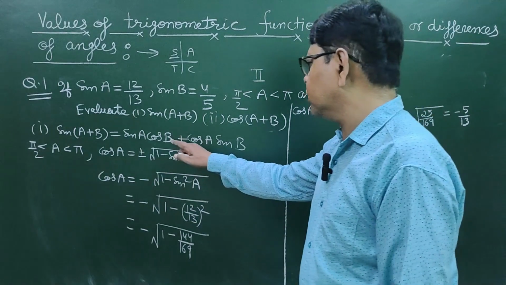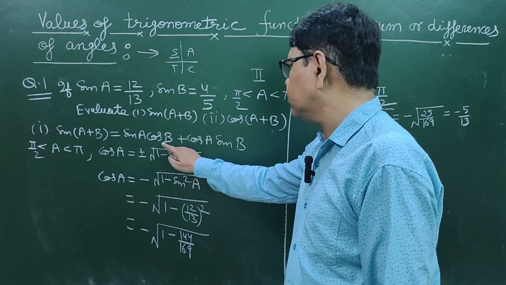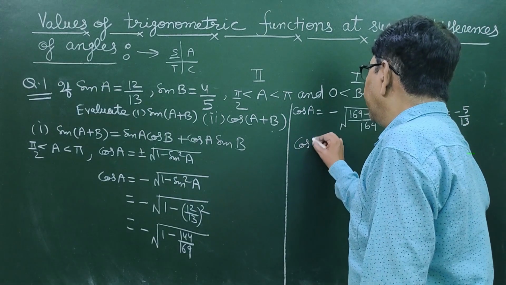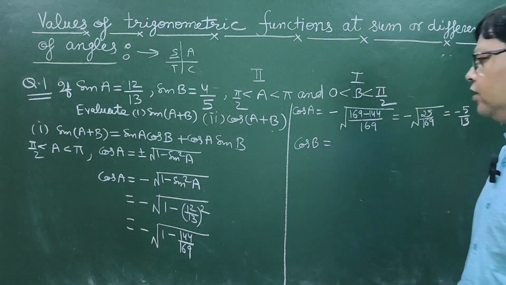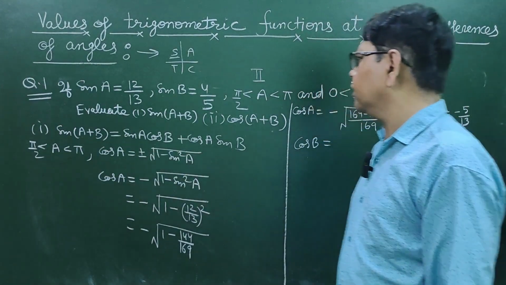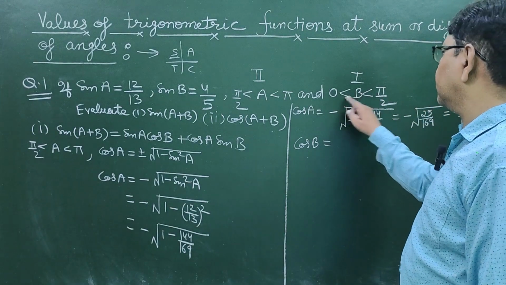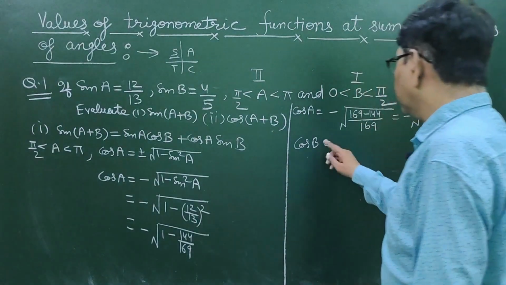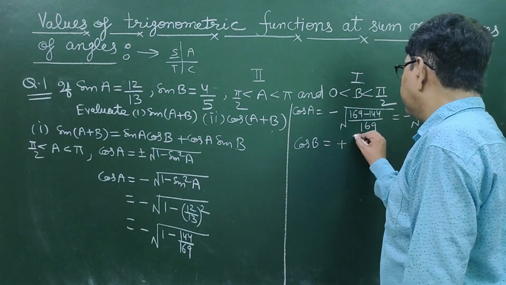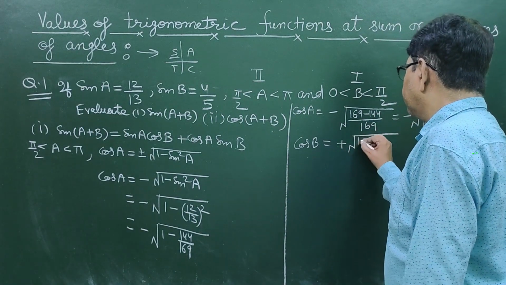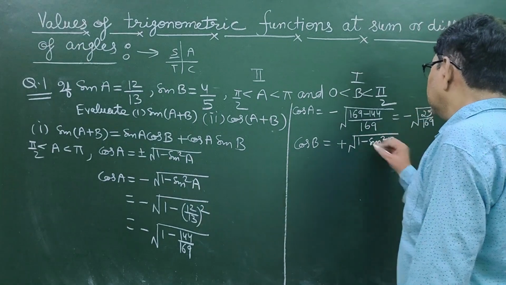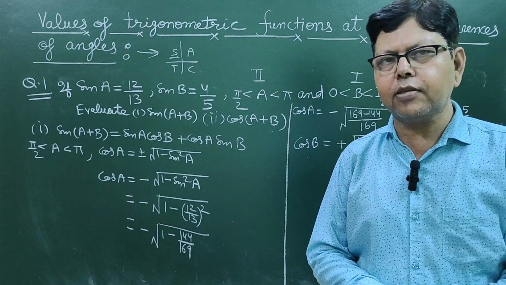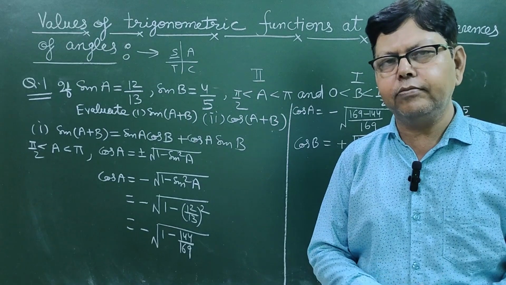Now one more value is required here, cos B. For cos B you will consider only the plus sign, because the angle B lies in the first quadrant, and in the first quadrant all are positive. So cos B will be positive. So according to the quadrant of the angle, we consider the sign of cos or sine.